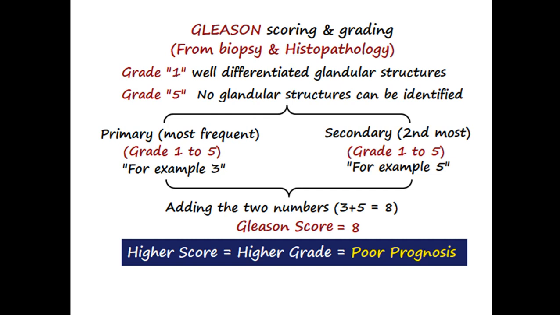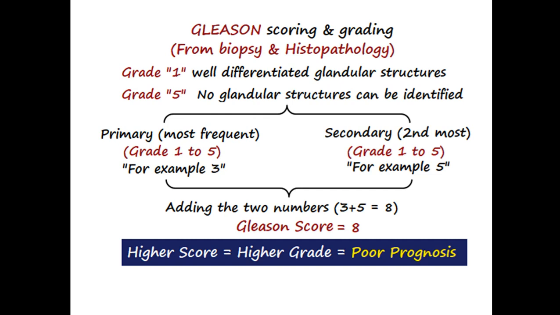So we have 2 grades in our histopathology examination, one which is the most frequent and very common in the prostate gland, and the one that is second to the most common, and we label that as the secondary pattern. Now we divide both the patterns into grades 1 to 5. The grade 1 will be well differentiated glands, and grade 5 will be the very poorly differentiated glands, and sometimes even no glands can be seen.